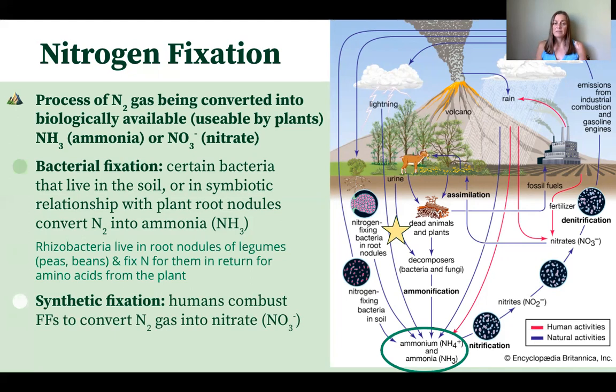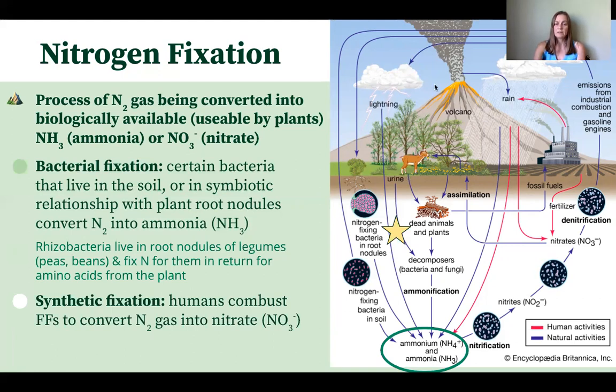We also have synthetic fixation, and in synthetic fixation, we go through an artificial process that takes nitrogen and hydrogen gas and converts it into ammonia and then eventually into nitrates. That process is very energy intensive, so it uses a lot of fossil fuels.